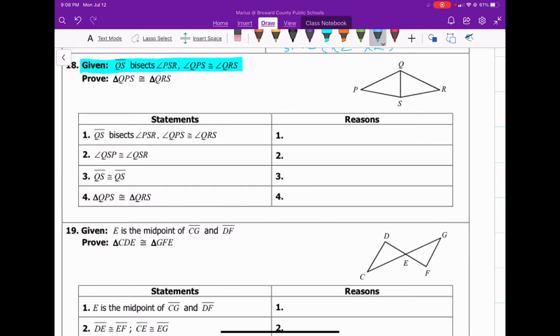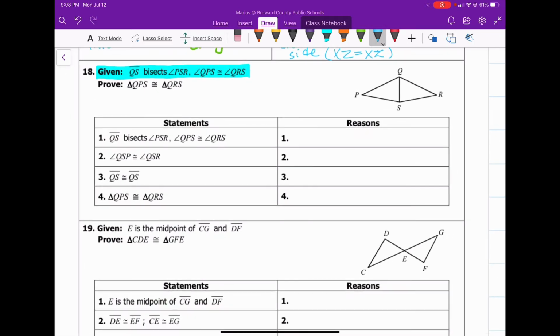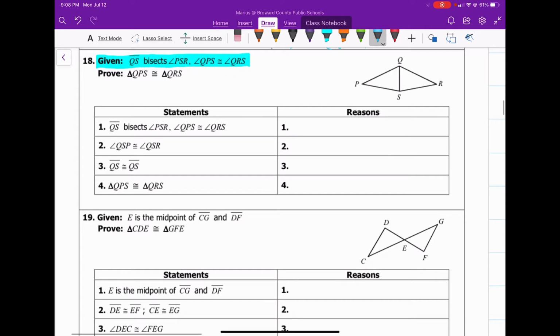With the angle bisector, QS is going to cut angle PSR in half. So PSR is this angle. The two smaller angles are now congruent. Angle QSP going this way, and QSR, both of those angles are now congruent as a result of that bisector.